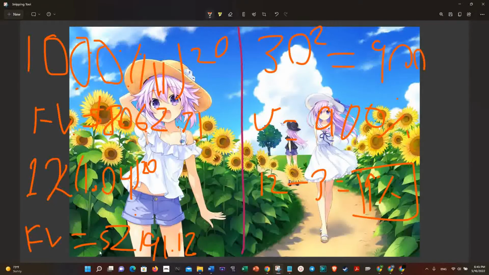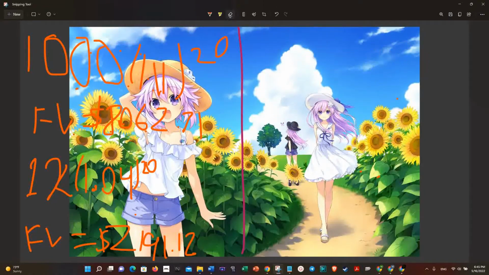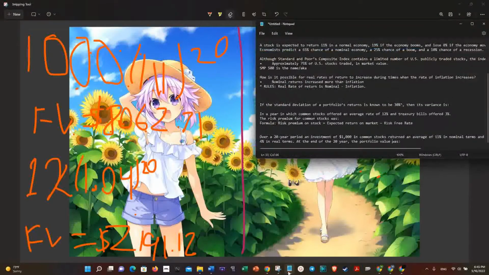This will be in dollars. That is your future value in nominal terms and your future value in real terms. Does anyone have questions on that? None here. Amazing.